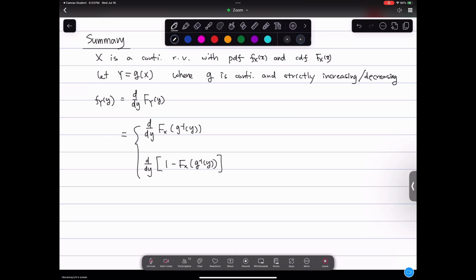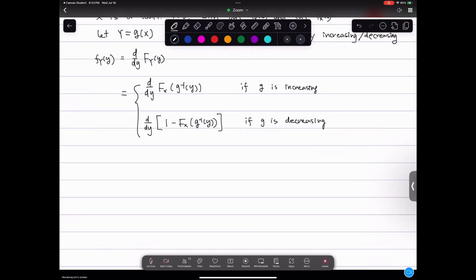Or at the end of this, if I do this, so this is when G is increasing. When G is decreasing, strictly decreasing. However, at the end of this, we get the same thing.